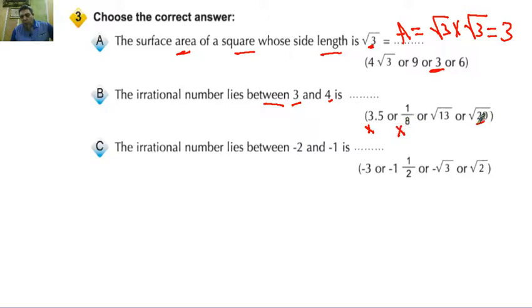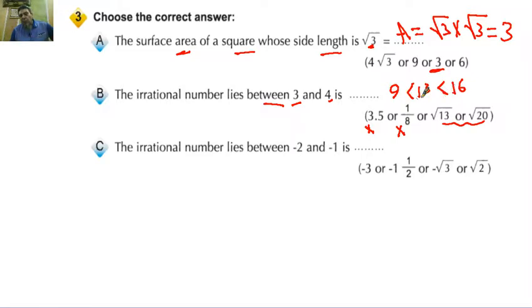The irrational number that lies between 3 and 4: the irrational numbers are square root 13 and square root 20. Square root 13 is between two numbers. The perfect square less than 13 is 9, and the perfect square greater than 13 is 16.